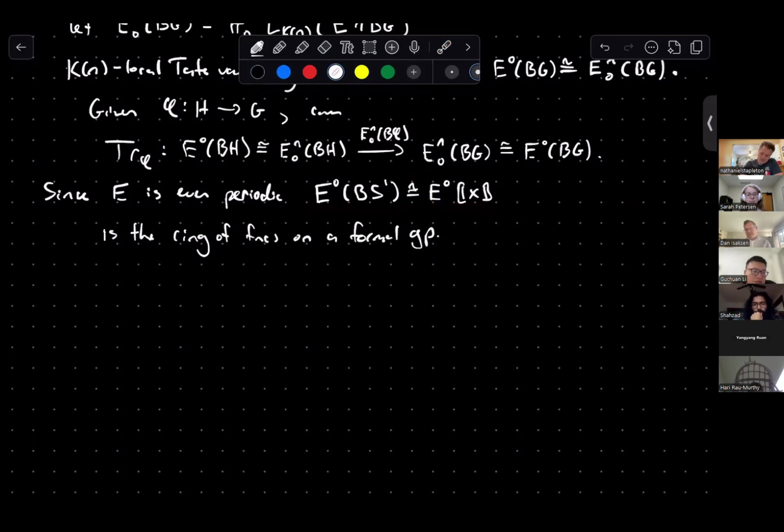So what is this thing? What does that mean? Well, it means that there's an algebraic geometric object, which I'll call Spf instead of Spec because we're in formal schemes, which is E naught of BS1.